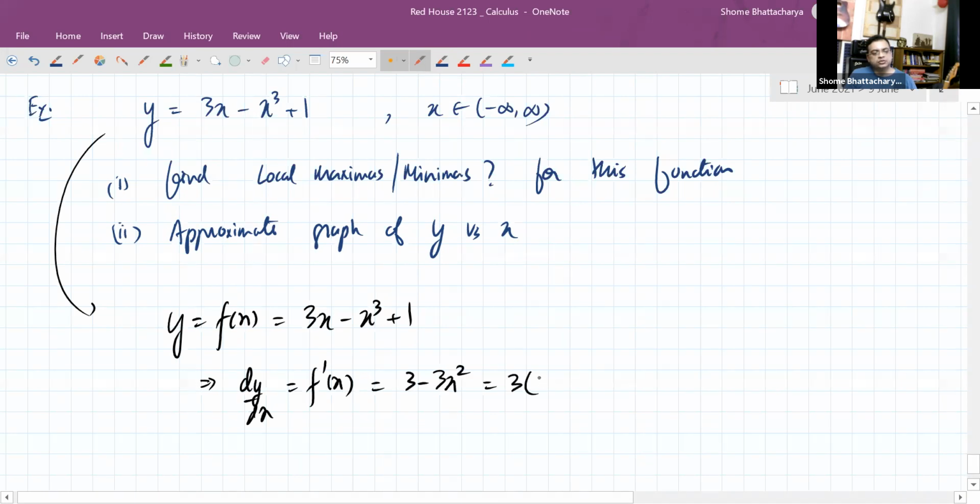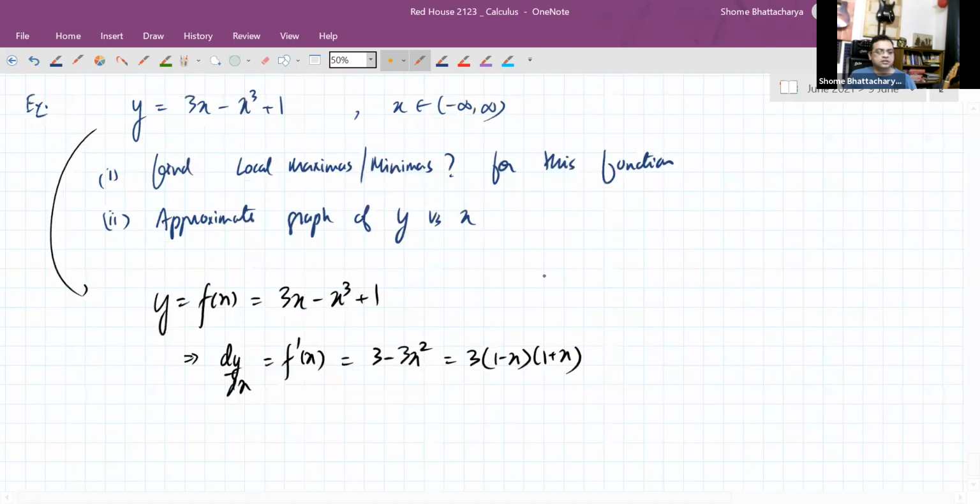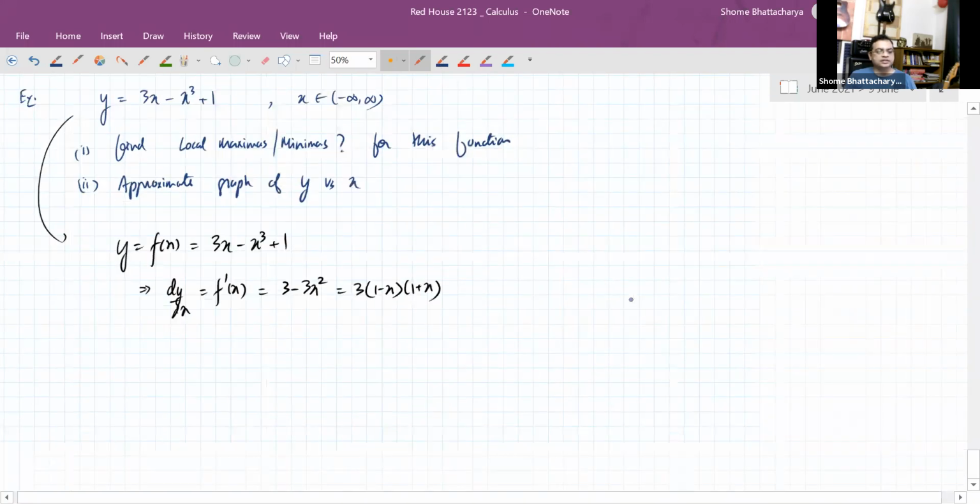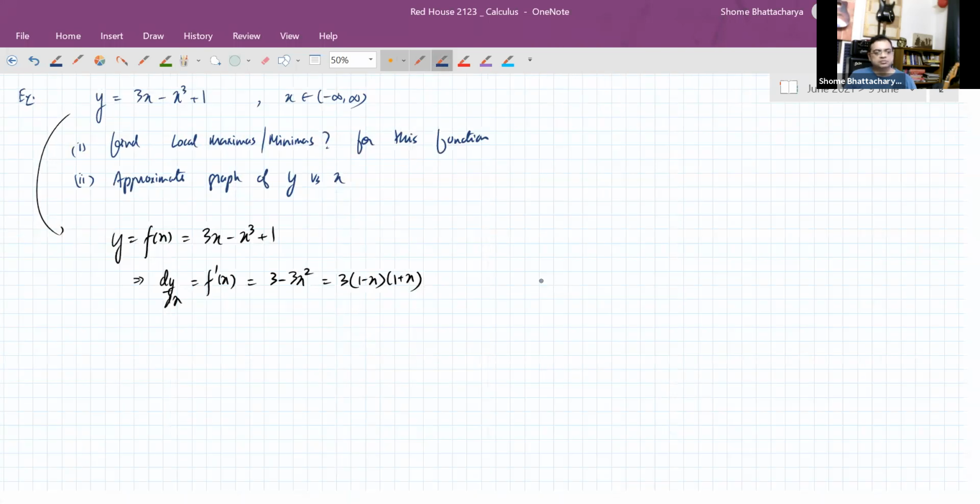So that is 3 into 1 minus x into 1 plus x. Straight away from the derivative, we can understand that the function is alternately increasing and decreasing. If we see the number line, we can see that there are critical points, -1 and 1, on the number line.